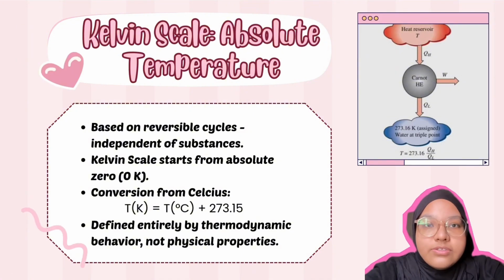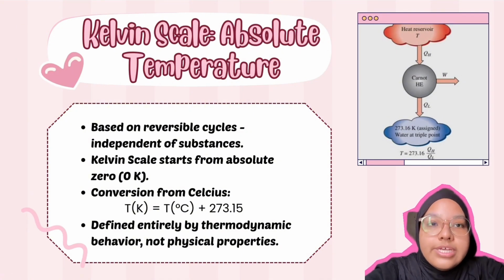This brings us to the Kelvin scale, also known as the absolute temperature scale, unlike Celsius or Fahrenheit. The Kelvin scale begins at absolute zero, where molecular motion theoretically stops. On this scale, temperature is defined using reversible processes, making it universal and independent of the working substance.